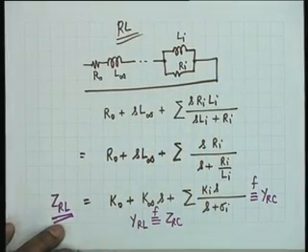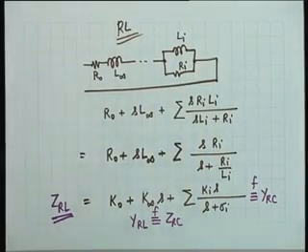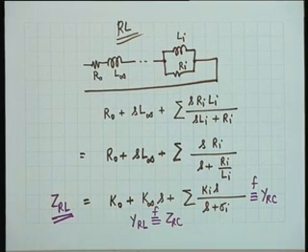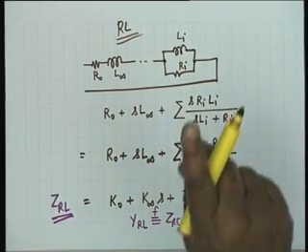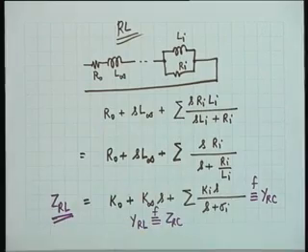Okay? So, for example, if you want to expand an RL impedance into Cauer 1, then how would you start the continued fraction expansion? If you want to expand a ZRL, can you start with ZRL?